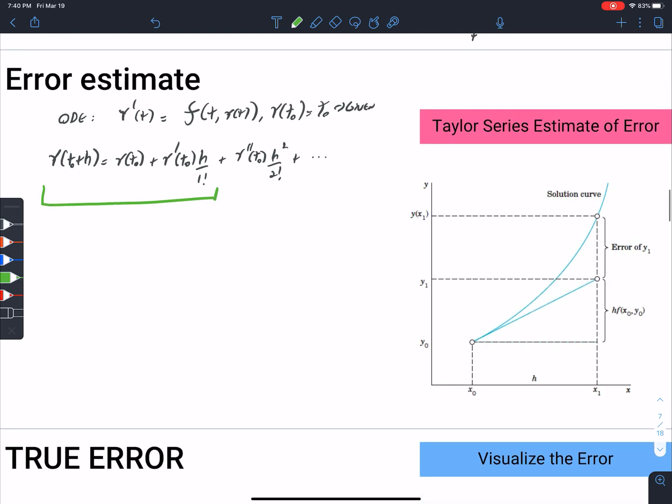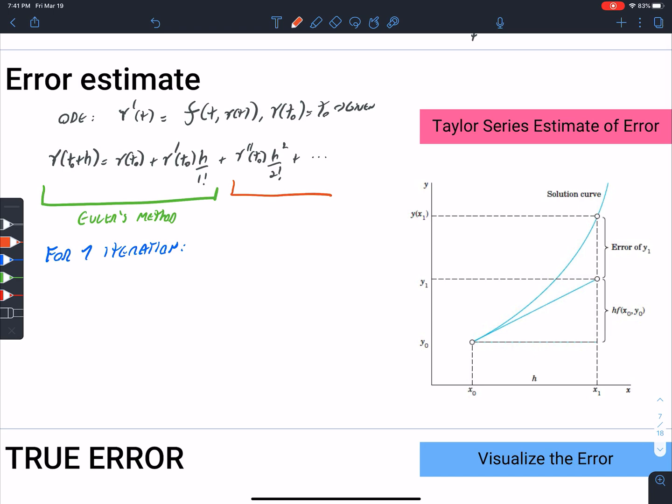So this is Euler's method, it takes only these values. So we can say that for one iteration, Euler's method makes an error, which is essentially this remaining value.